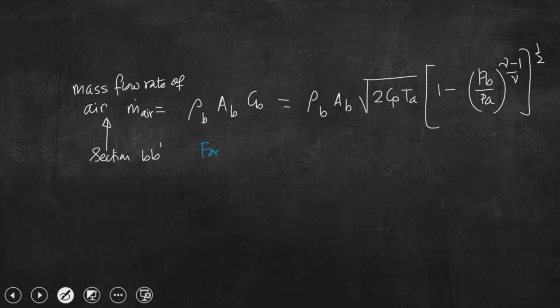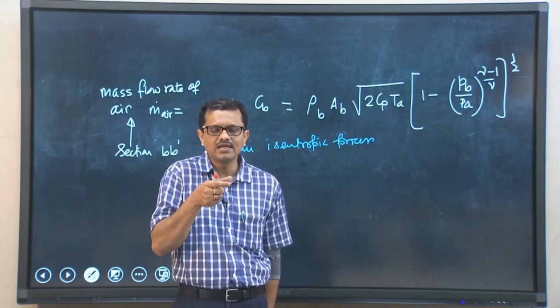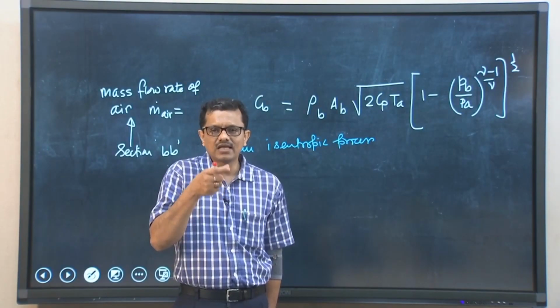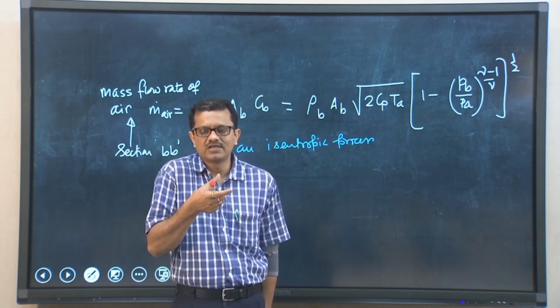So, for an isentropic process, because that is what we have assumed. We have assumed that the air-fuel mixture, or simply air, because we are interested in calculating the mass flow rate of air at section Bb, maybe after a few cycles of operation at that section it is not purely air, rather it is a fuel-air mixture.